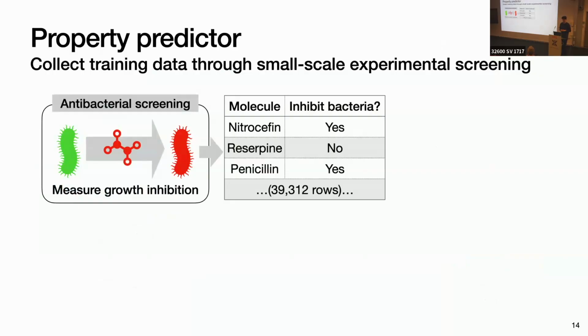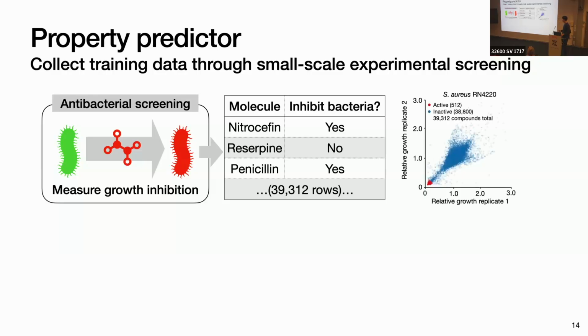In this case, we did a small-scale experimental screen through a collaboration with the Collins lab at the Broad. We screened about 40,000 molecules and measured their phenotype, whether they can inhibit the growth of the bacteria, right?